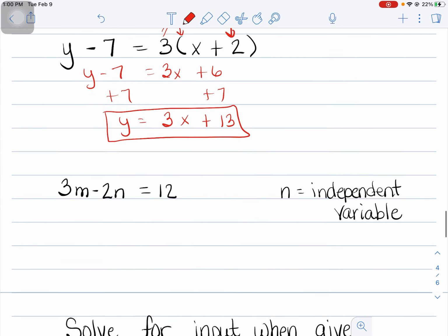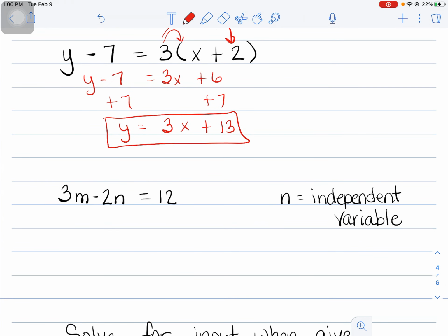Now, like I said, they can use other variables. This one uses m and n, and it's telling you that n is the independent. So I want to solve this so that the independent, the n, is in the rule. That means I've got to get m alone. So plus 2n on both sides, I have 3m equals 2n plus 12.